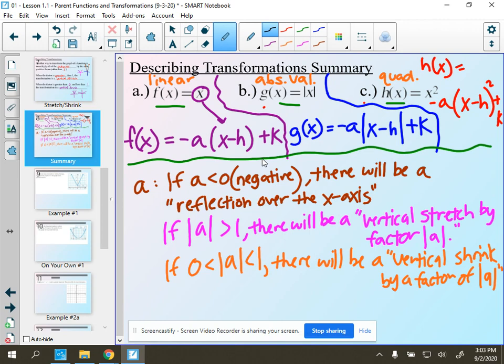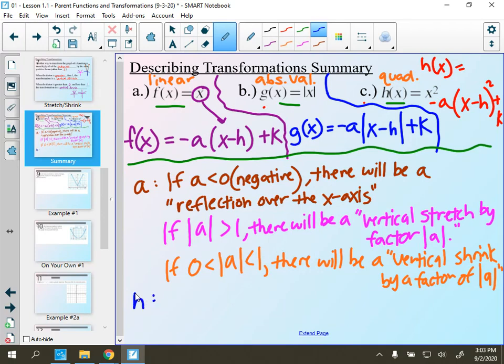Okay, let's look at these last two because they go hand in hand. Let's use a new color. What is h going to do for us? Both h and k are going to take care of our shifting, our translations.